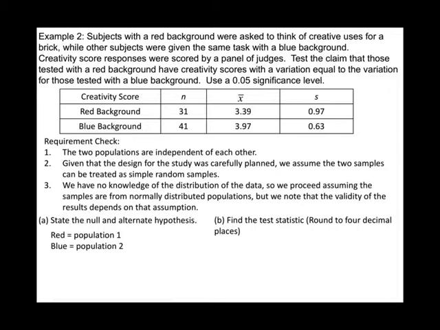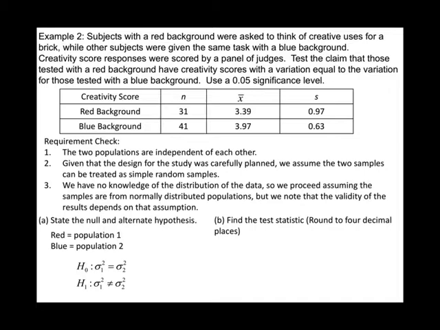And then we need to know which one we're working on, the standard deviation or the variance. With the claim statement, test the claim that those tests with a red background have creativity scores with a variation. Okay, this is a variation, so not the standard deviation. We are working on the variance. Okay, so this will be equal, and the alternate hypothesis will be not equal. And this is going to be the two-tailed test.